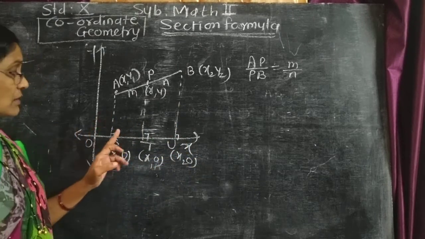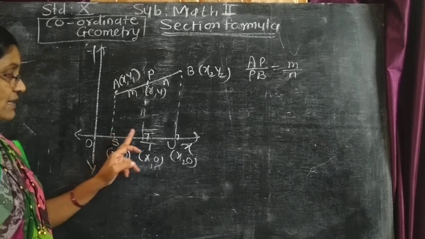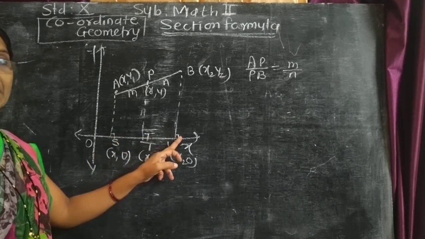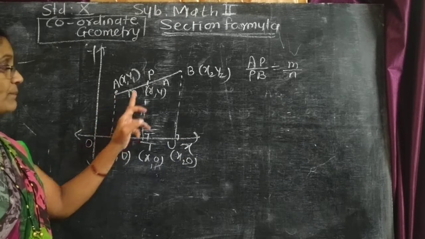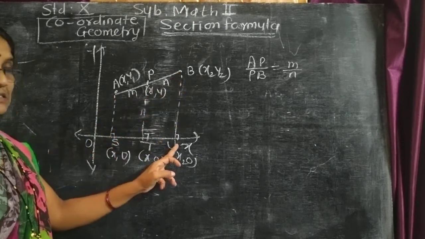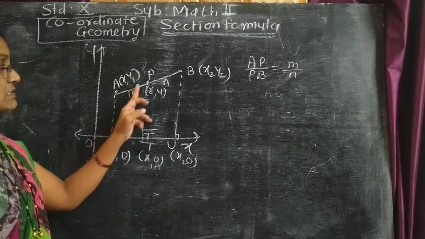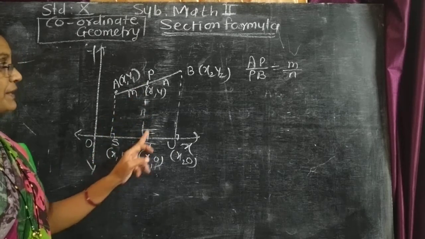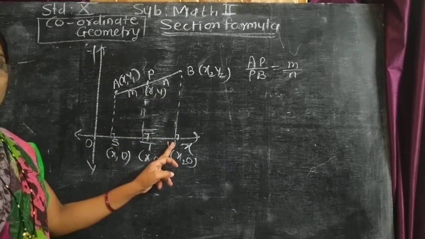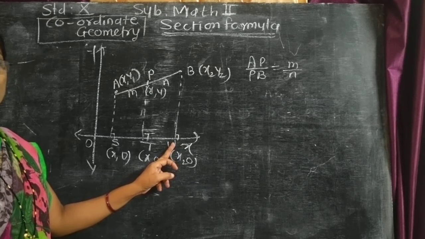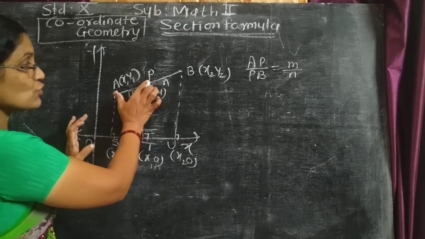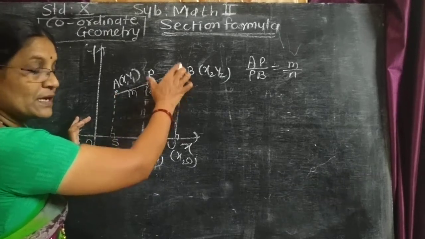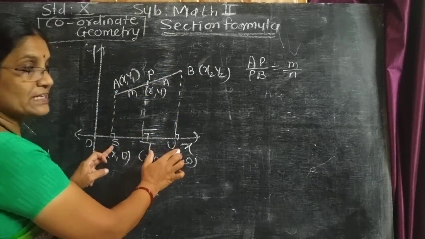Now these angles are 90 degrees, and that's why by the property of corresponding angles, segment AS is parallel to segment PT, which is parallel to segment BU. Here we use the property of three parallel lines, so the ratio AP to PB is equal to ST to TU.